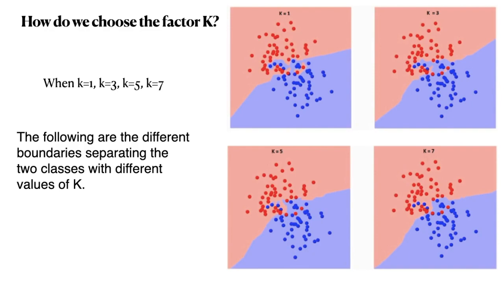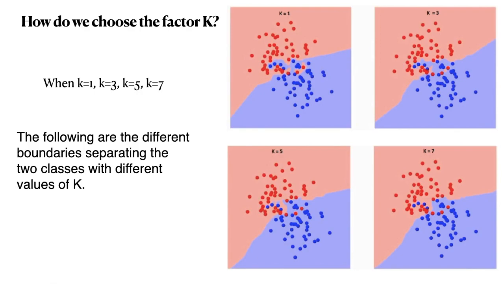These boundaries will segregate black triangle from red square. In the same way, let's try to see the effect of value k on the class boundaries. The following are the different boundaries separating the 2 classes with different values of k. If you watch carefully, you can see that the boundary becomes smoother with increasing value of k. With k increasing to infinity it finally becomes all blue, or all red, depending on the total majority.